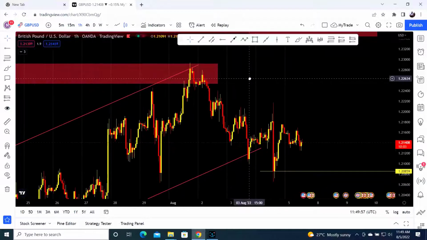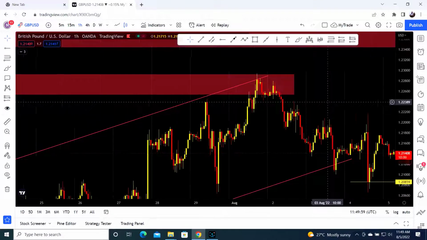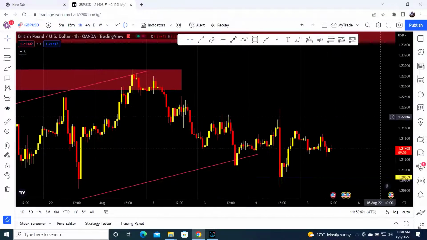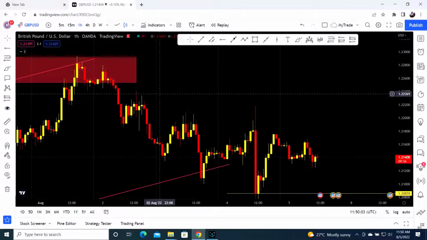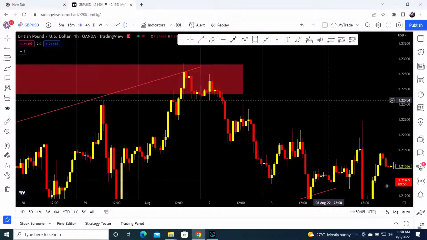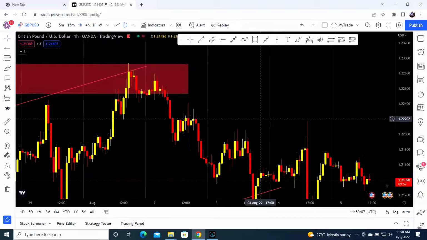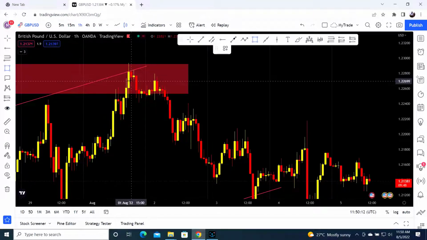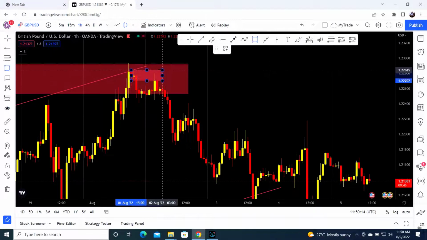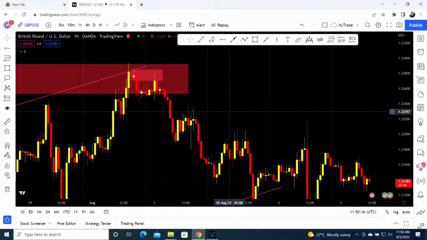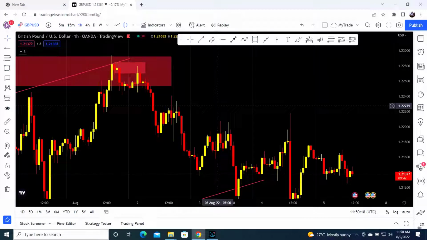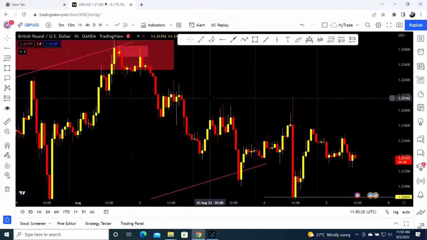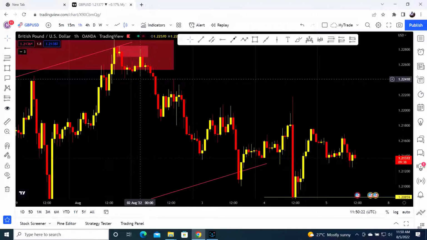So looking at this 1R, there is one thing we can do for those entries that you are finding. You have to know where you are going to enter your trades. We can see that here, as price goes to the zone, there was a block here. Price came and tested that one. Then price came and broke this low.